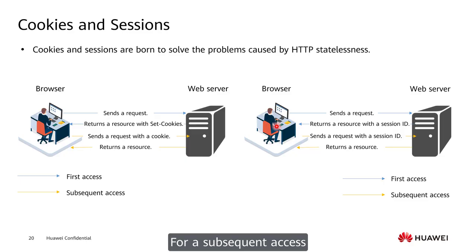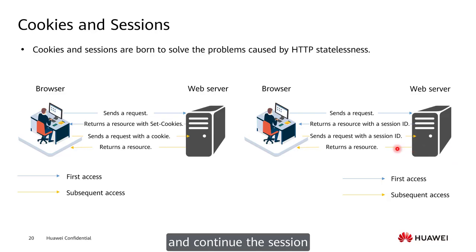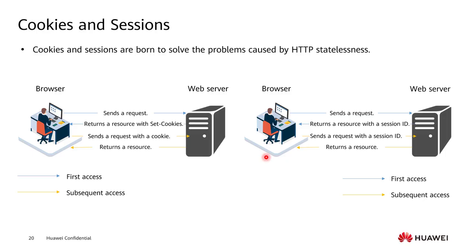For subsequent access, the client only needs to carry the session ID, and the server will find the corresponding value and continue the session. This reduces the bandwidth usage and ensures the information security. Currently, the cookie and session mechanism are usually used together, but this is not mandatory.